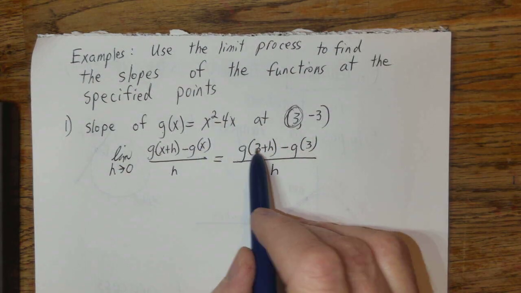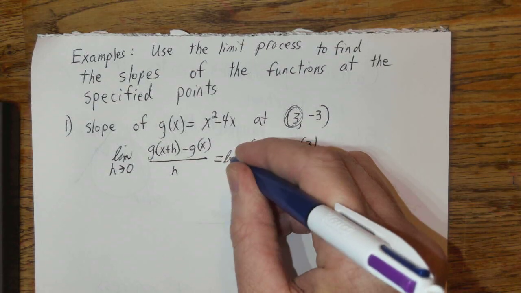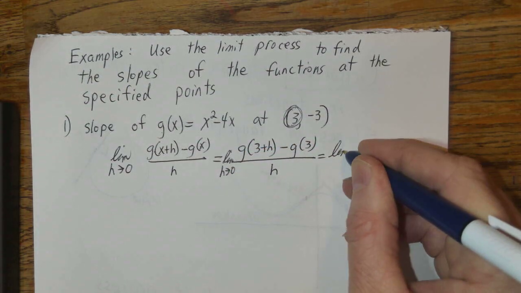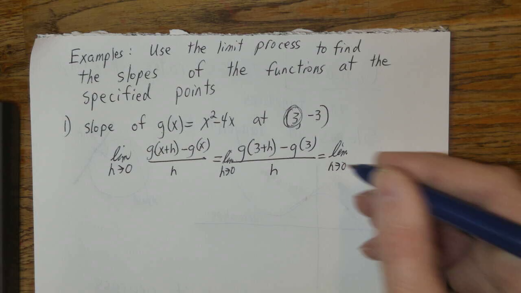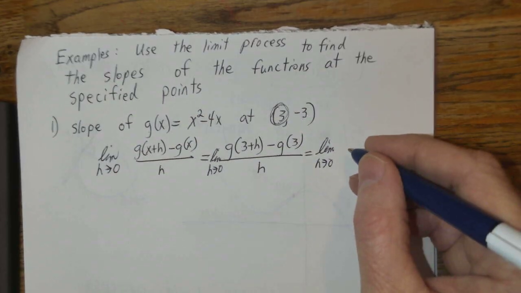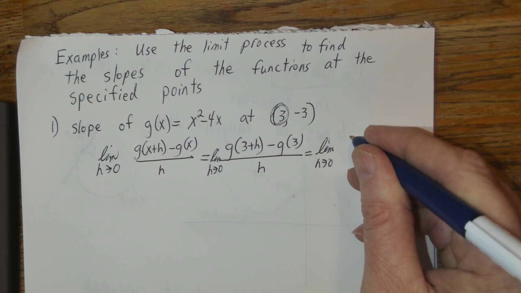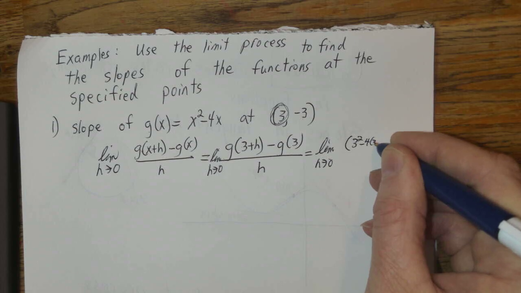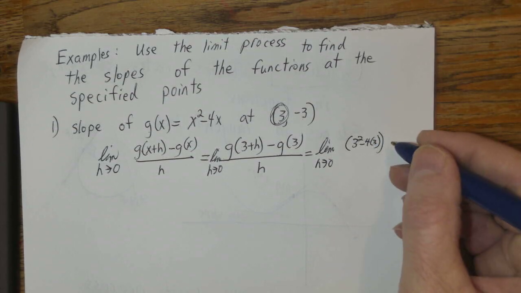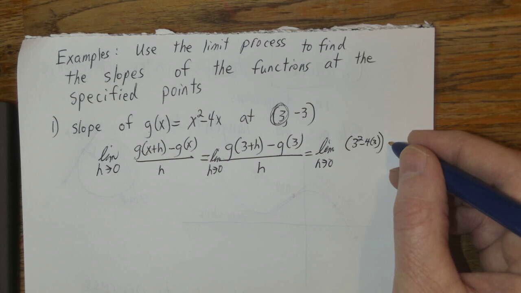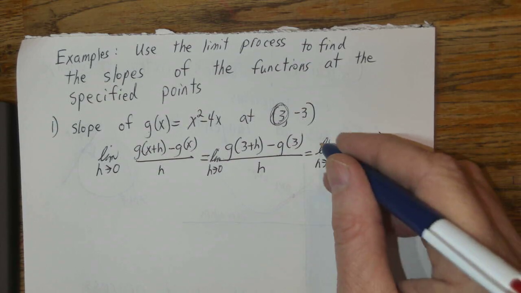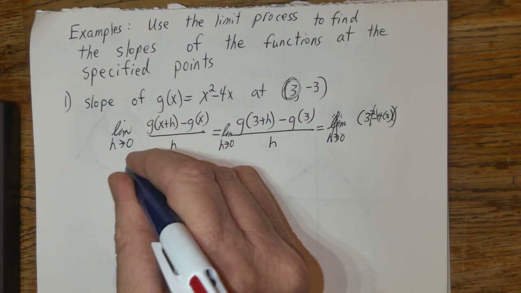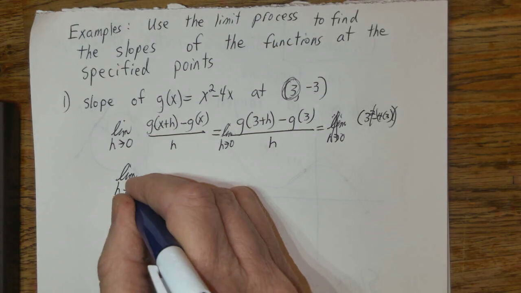Okay, well, let's plug these things into the function values, and I tend to forget to write the limit each time. Let me get that in there. Limit as h approaches 0 of g of 3 plus h. So it's the limit as h approaches 0.